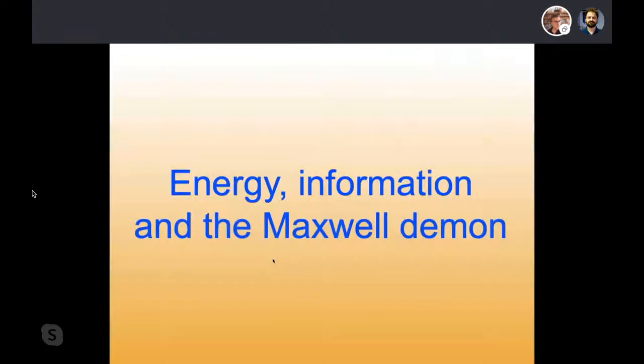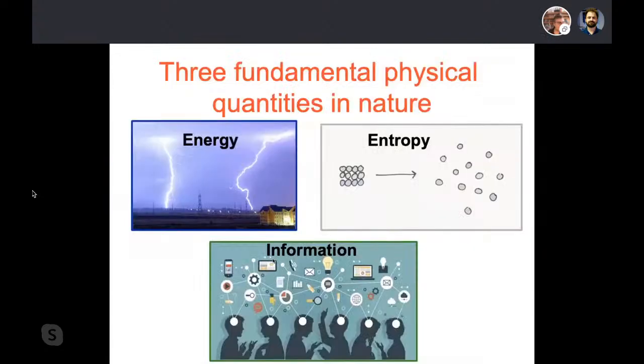But the same holds for information, and that's what I want to explain now in the 15 minutes I have left, or 20 minutes at most of my talk. You can use the same approach not only for free energy differences, but also for information. And as you know, information is a fuzzy concept. Energy, every one of you knows what it is, and it is very much agreed by everyone.